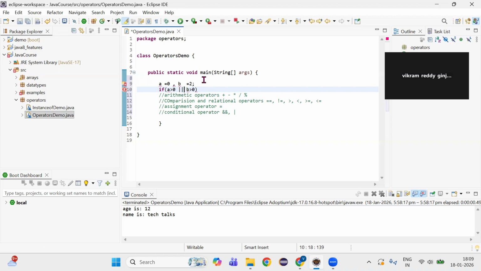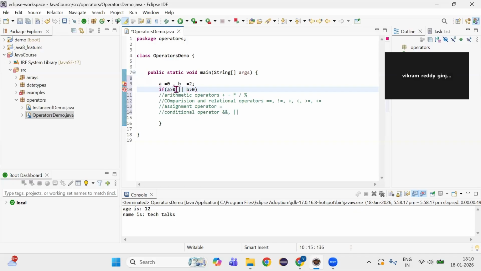in this case, for example, the first condition is failed. Our condition works if either one of the operands is true, right?